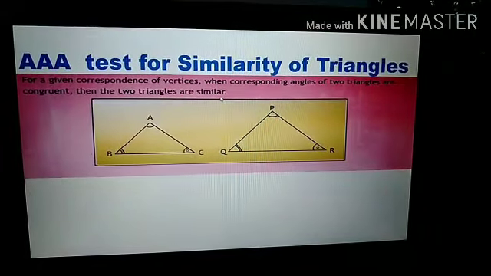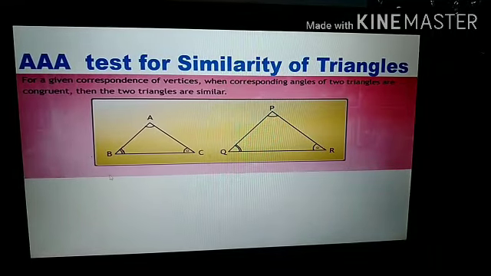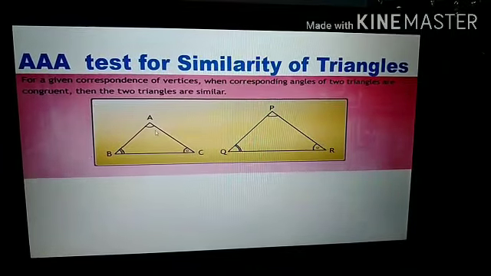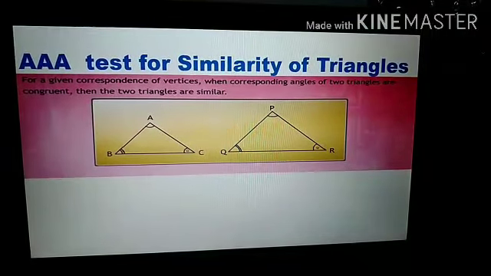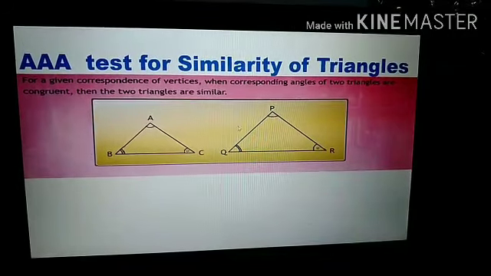As I just explained, when you look at this figure ABC and figure PQR, you have some symbols representing the angles. When you look at it carefully, angle A has a single curve, and angle P also has a single curve.